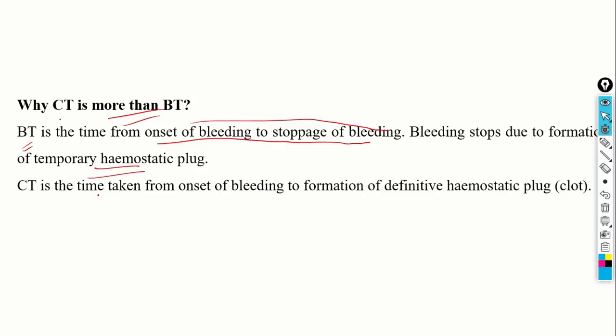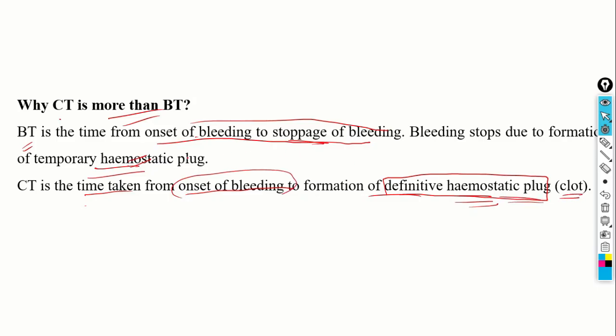Whereas clotting time is the time taken from the onset of bleeding to formation of the secondary, that is definitive, hemostatic clot. So BT is onset of bleeding to stoppage, the temporary hemostatic plug, whereas CT is onset of bleeding to formation of fibrin thread, that is the clot.